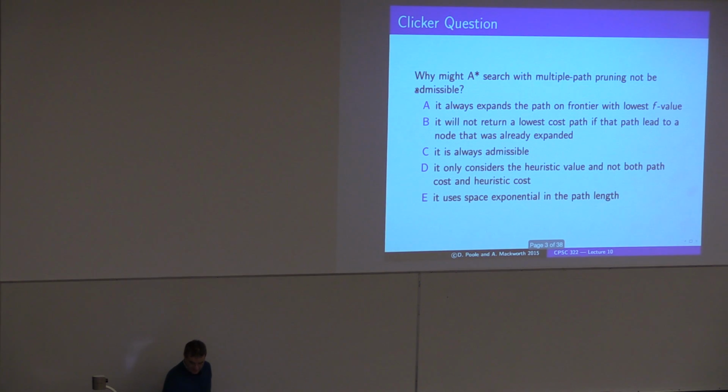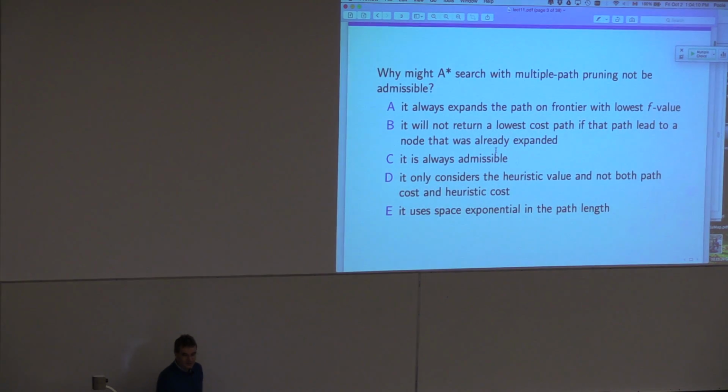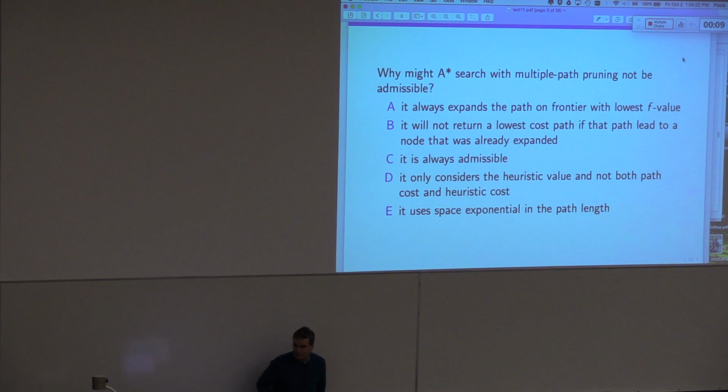Okay. So let's start off with a couple of clicker questions, and thanks to the people who've been posting questions. The first one is, why might A* search with multiple path pruning not be admissible? A, it always expands the path on the frontier with the lowest F value.